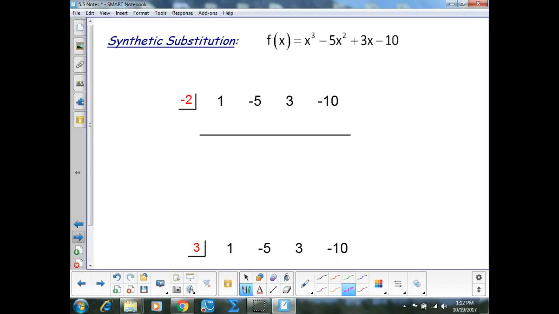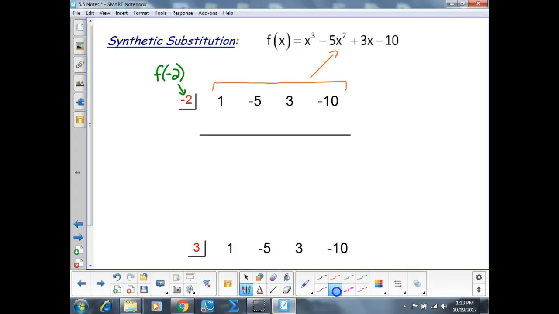Okay? And I'm going to see what happens there if I apply them. Okay? So I first take whatever this number out here is the number that I am finding. So this would have been f of negative 2. So that's my number out there. These numbers in here are my coefficients from my function.